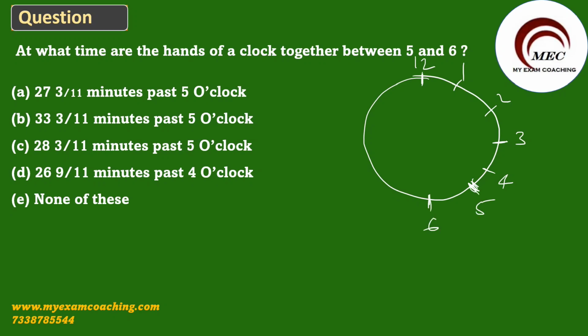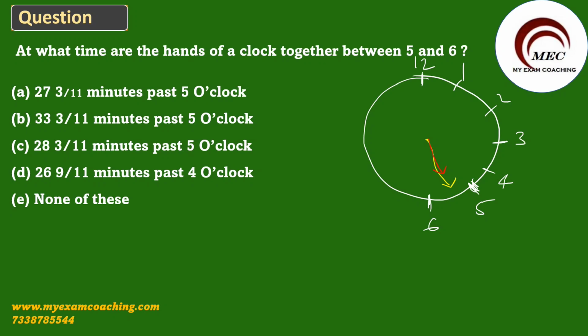To draw all these things, I just tell you the minute hand or hour hand is between 5 and 6. Suppose it comes here. Between 5 and 6, what is this time?